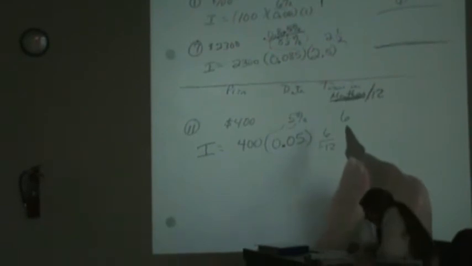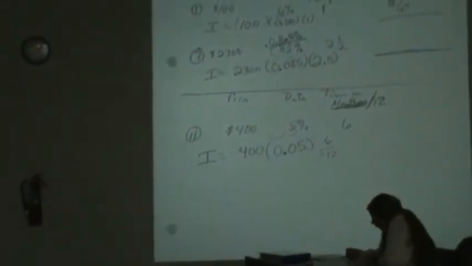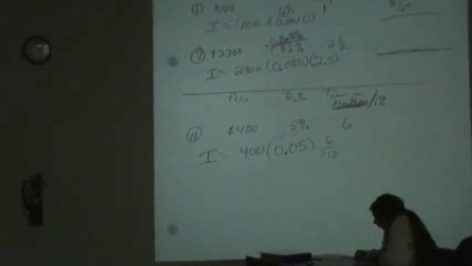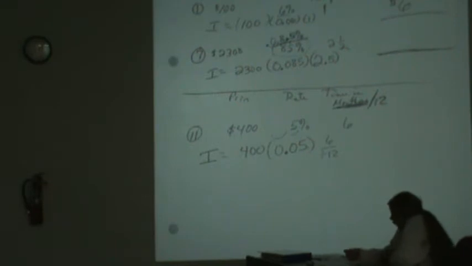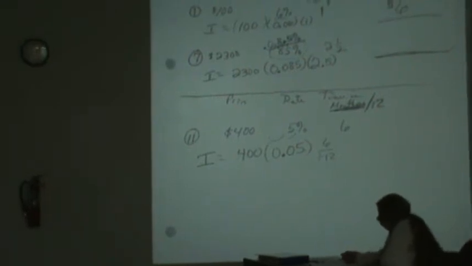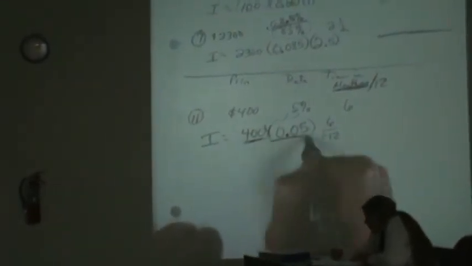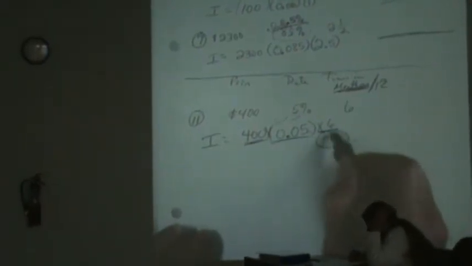This one's half a year, so you could do 0.5, but for number 12, it says 5, and 12 doesn't divide evenly into 5. So just multiply 400 times 0.05 times 6 and then divide by 12.